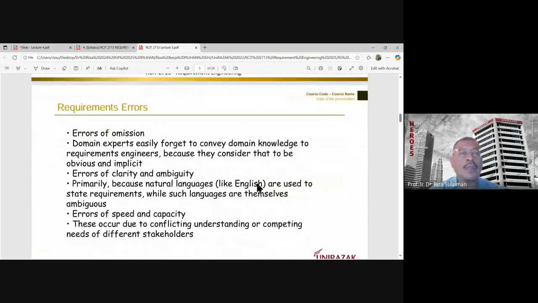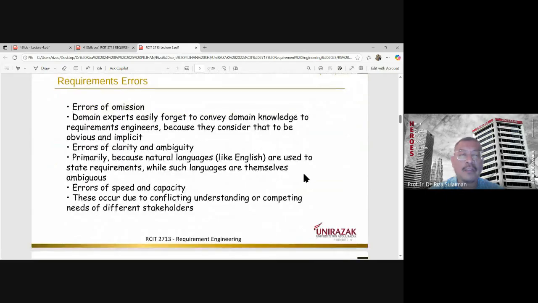Now, requirement errors. There are errors that need to be minimized, or if possible, they should not exist in the first place. Error of omission is about domain experts easily forgetting to convey domain knowledge to the people who create the system.